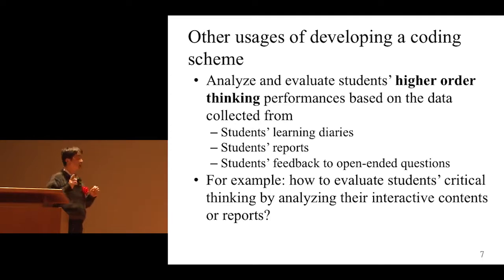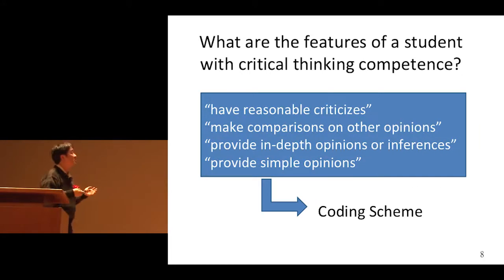Let me give you an example. If you want to evaluate student critical thinking, what should we do? The first thing we need to think about is what kind of behavior a student will show if they have high critical thinking.